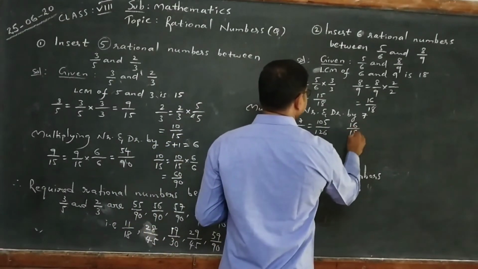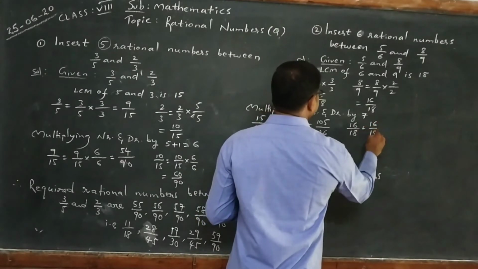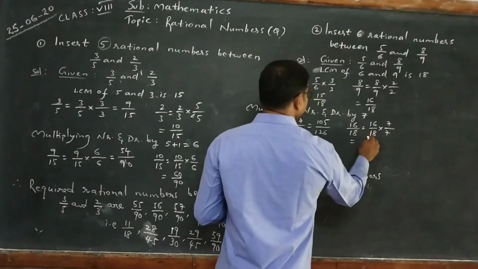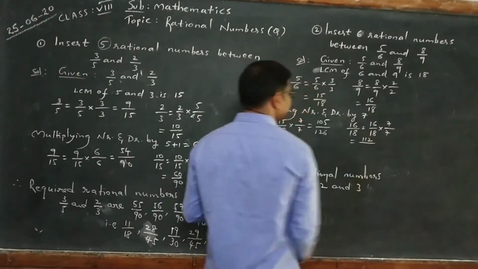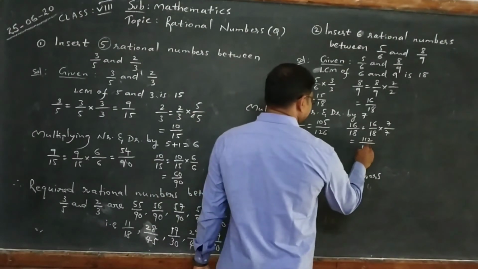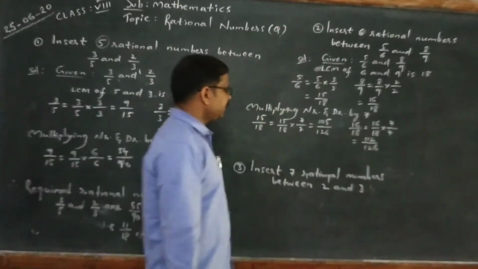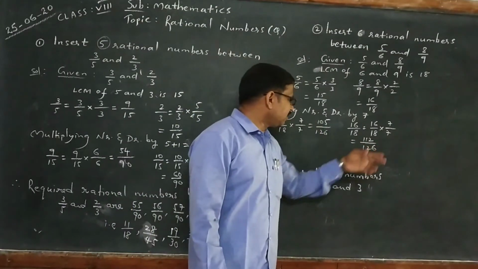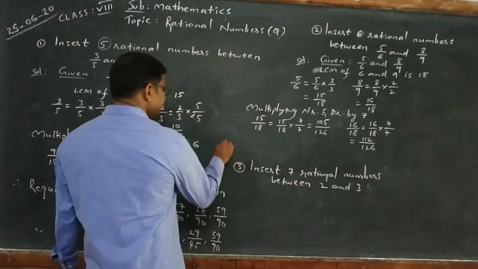Similarly 16 by 18 equals 16 by 18 into 7 by 7, so 112 by 126. 18 7s are 126. Now you can see clearly, between 105 by 126 and 112 by 126 you can find numbers.